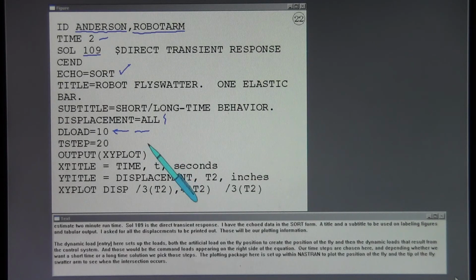Our time steps are chosen here, and depending whether we want a short time or a long time solution, we pick those steps. The plotting package here is set up within NASTRAN to plot the position of the fly and the tip of the Flyswatter arm to see when the intersection occurs.